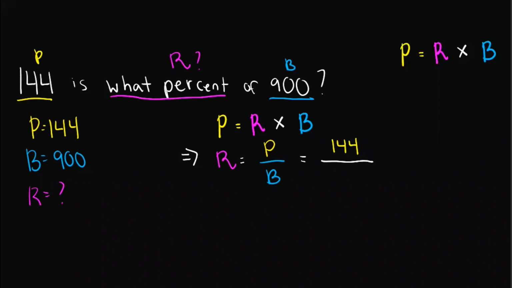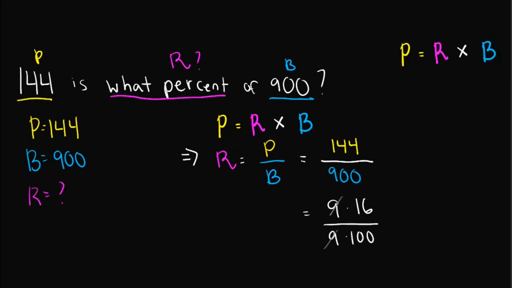B is 900, and then we observe that these two are divisible by 9, so this one would be equal to 9 times 16 all over 9 times 100. So we can cancel out the 9s out here.